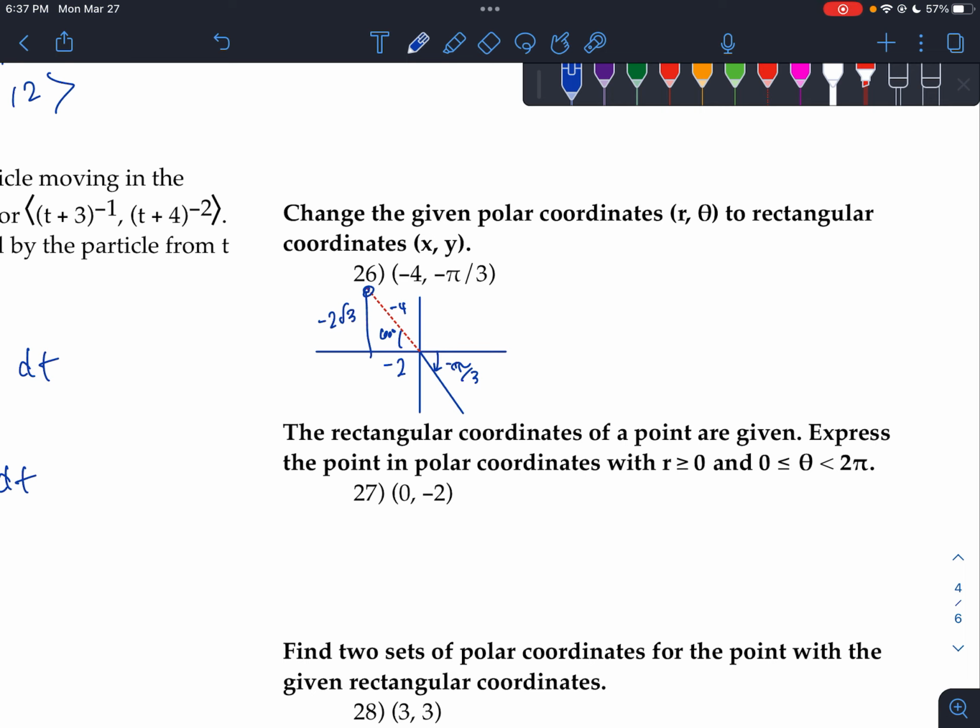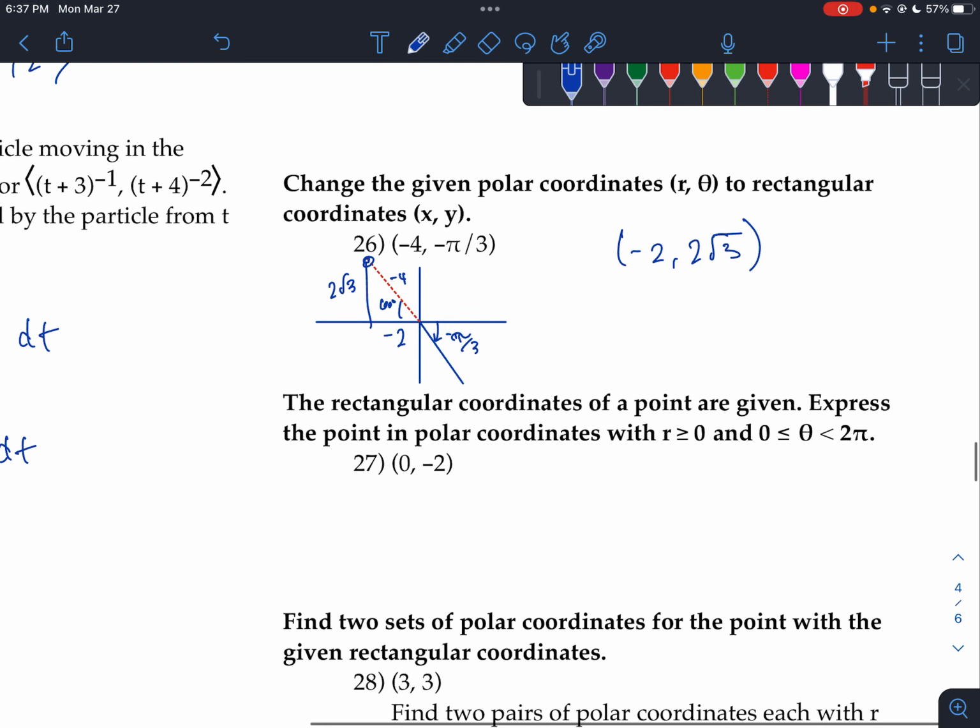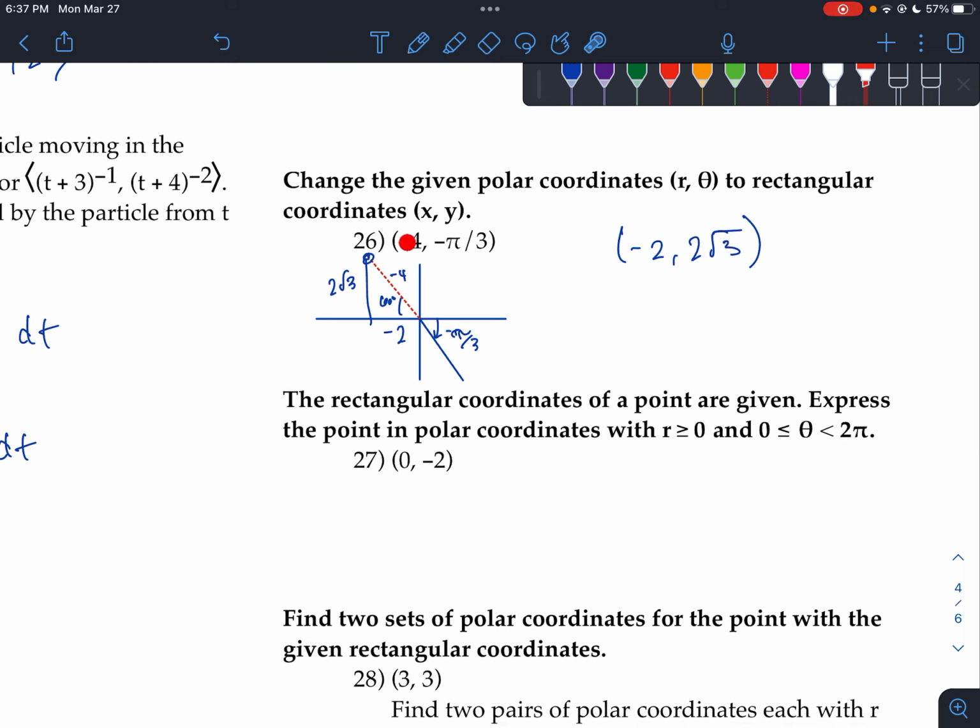And so that would mean the rectangular coordinate would be negative 2, that should be positive, 2 square root of 3. There's a rectangular coordinate there. Yeah, just watch out if r is negative, you go in the other direction that it's pointing.